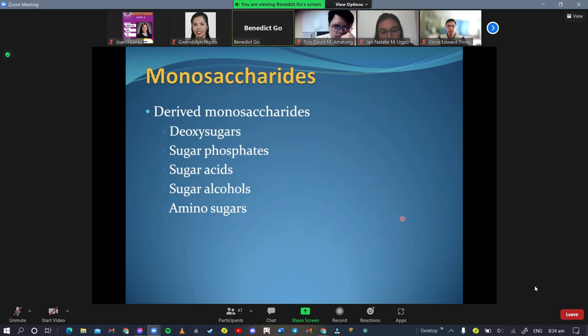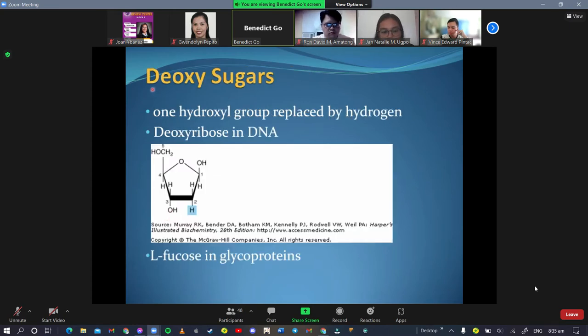Now, most of you found trouble discussing derived monosaccharides because they may not be in Harper's. So here, just take note that examples of derived monosaccharides are deoxysugars, sugar phosphates, sugar acids, sugar alcohols, and of course, amino sugars, which you will also encounter in the succeeding units. So in deoxysugars, one hydroxyl group is replaced by hydrogen.